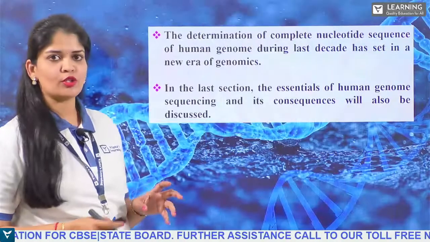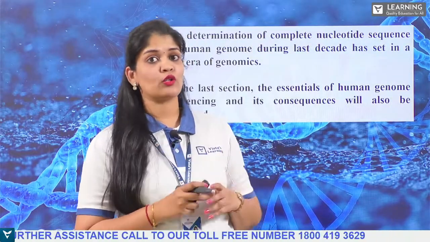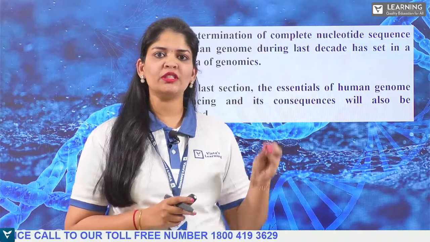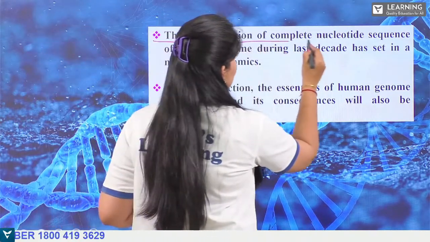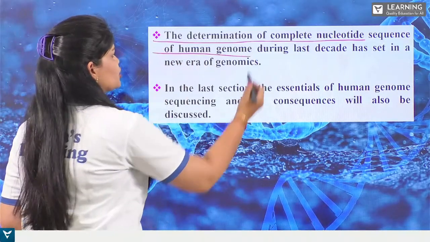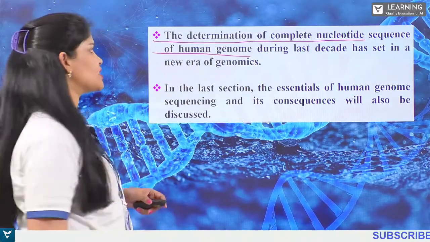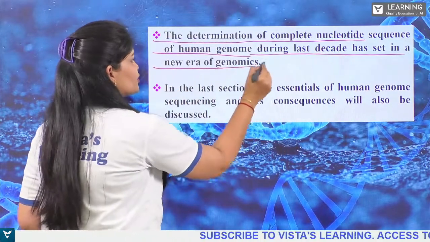All these things we are going to deal with in detail in this chapter. Along with this, we are also going to study the human genome sequencing, the determination of the complete nucleotide sequence of the human genome. That is what human genome sequencing during the last decade has set in a new era of genomics.